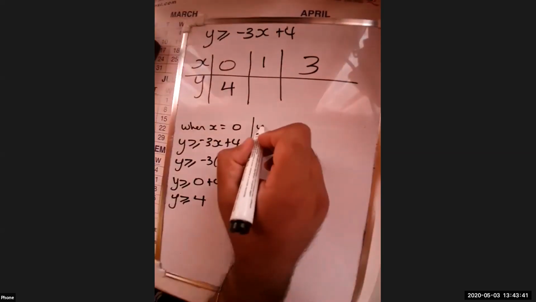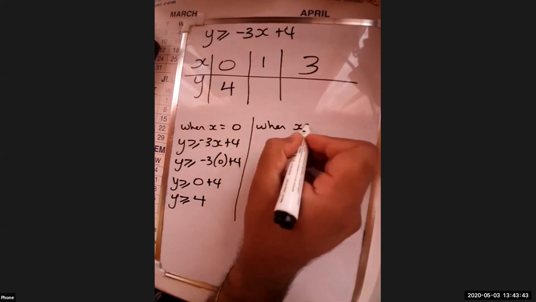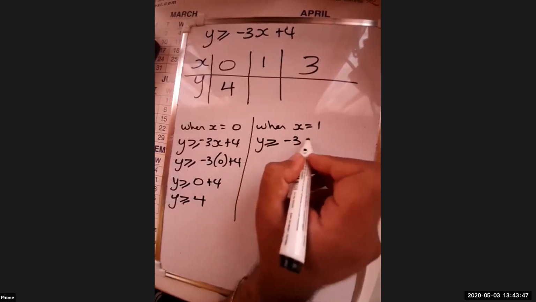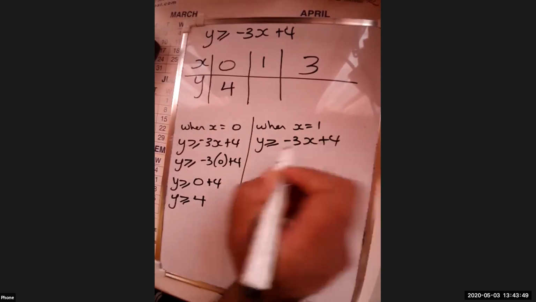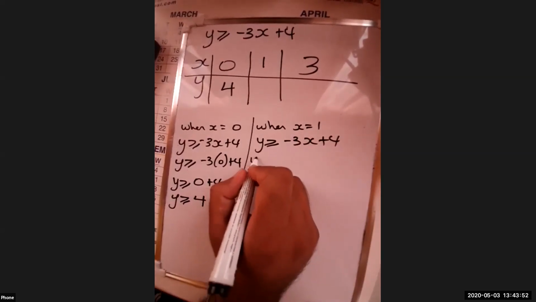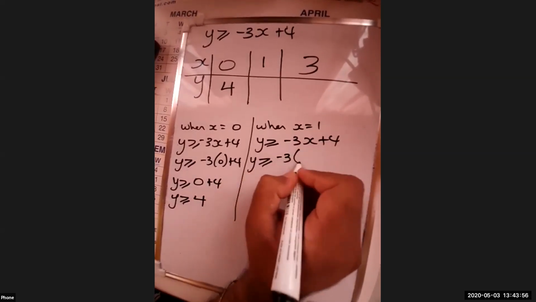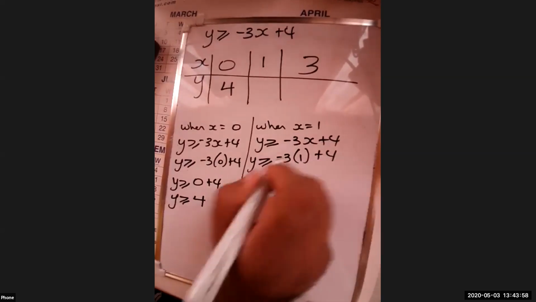Next, when x is equal to 1, y is greater than or equal to negative 3x plus 4. Y is greater than or equal to negative 3 into 1 plus 4.